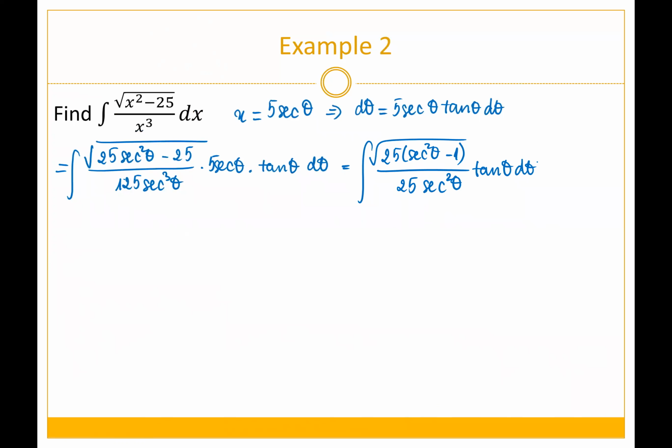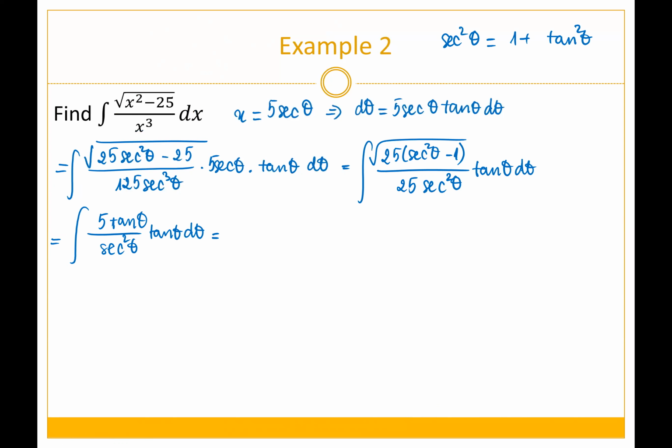Now, here we have secant square theta equal to 1 plus tangent square theta. So this part is going to equal square root of 25 is 5. Square root of secant square minus 1 is square root of tangent square, which is going to give us tangent divided by secant square tangent.